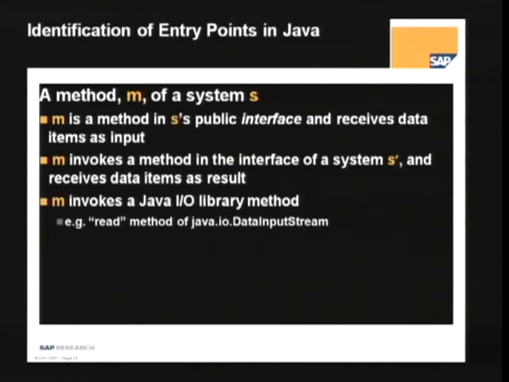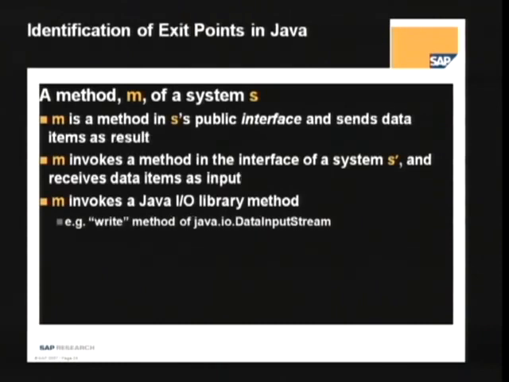Because if you consider a method, it may also call another method in another system. And it may also call some system libraries, Java I/O library methods, for example. This might be, for example, read methods in the Java I/O data input stream. So we look at what the method is doing to see if the method is an entry point.